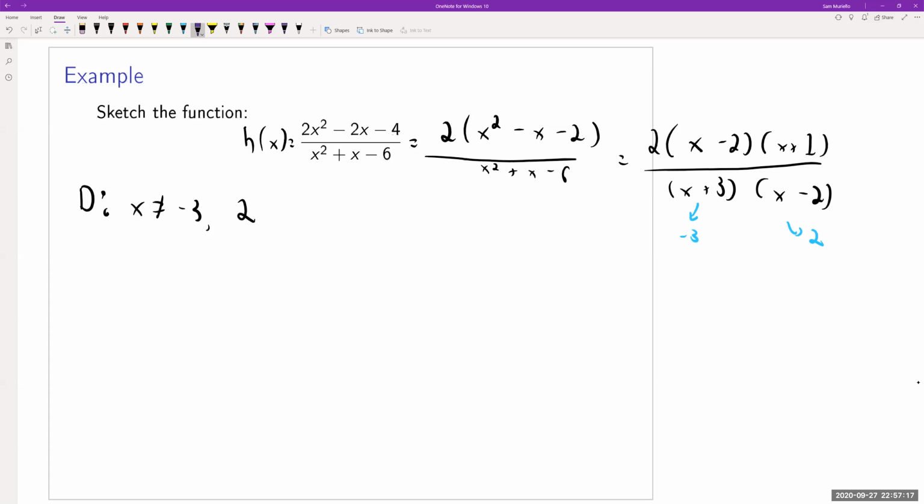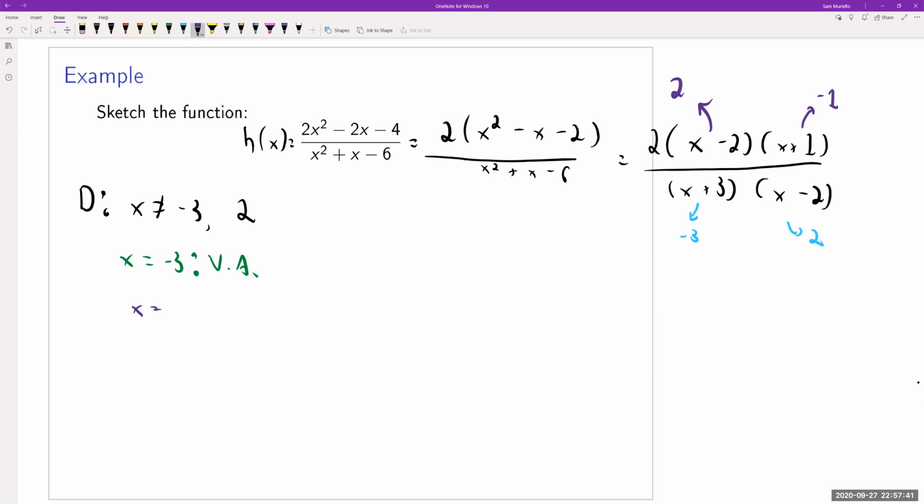Looking at the numerator, I get a 2 and a negative 1. So this means that I can classify each of these numbers. At x equals negative 3, we will have a vertical asymptote because the denominator is 0, but the numerator is not.